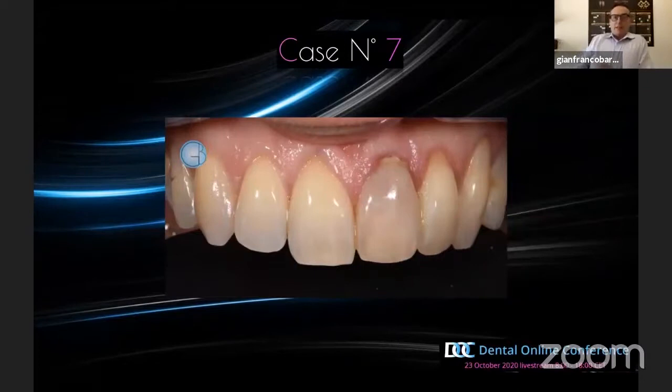Another case that we can make with this kind of aesthetic abutment, starting from the beginning.